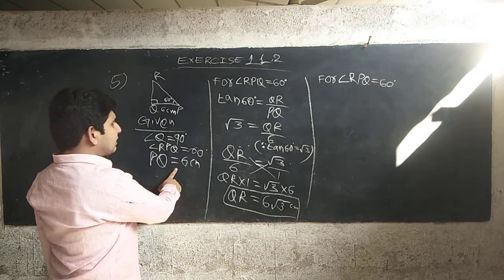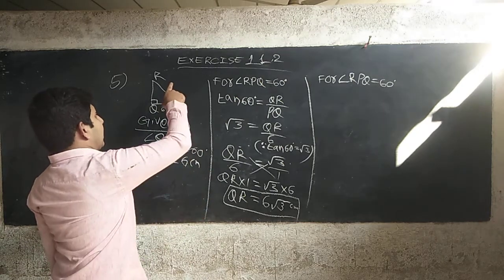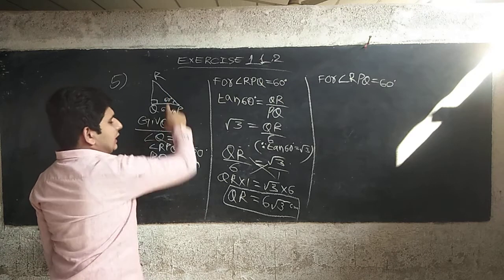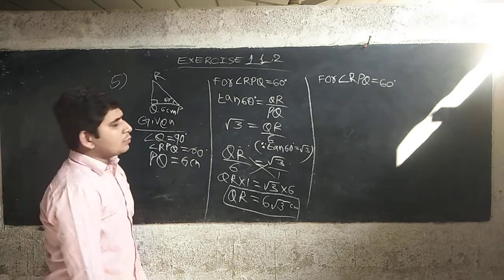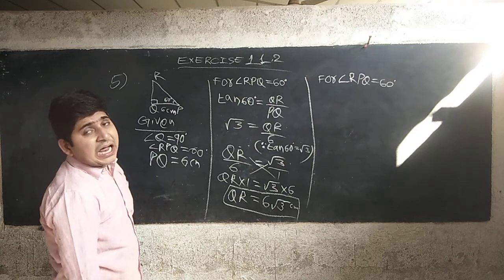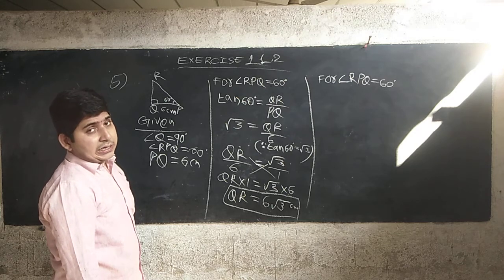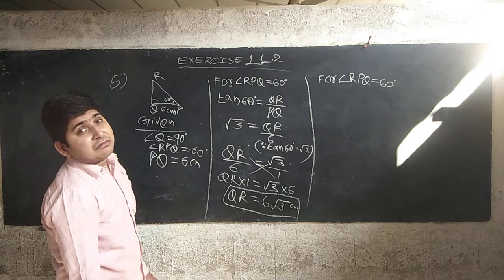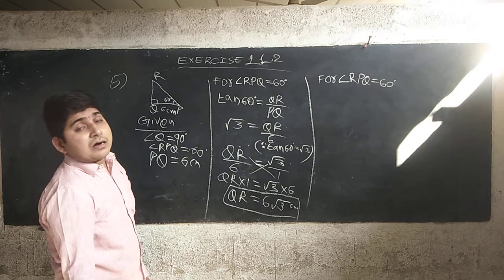With the help of PQ, I am finding the length of the hypotenuse PR. So PQ by PR means what? Adjacent side by hypotenuse. That is nothing but cos theta.